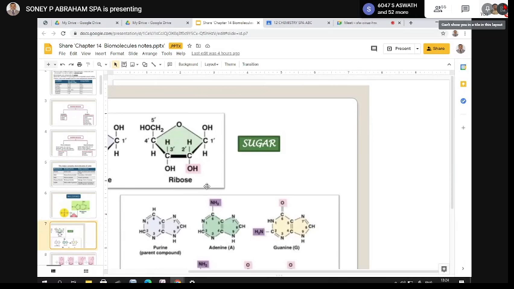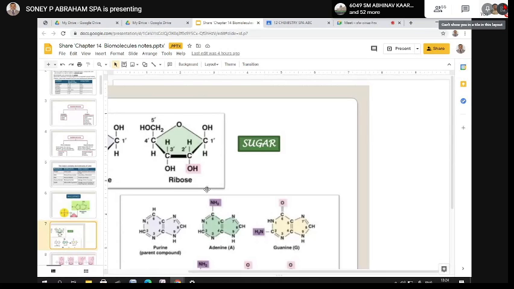Now, a base will be attached to the sugar at the 1 prime position. That means at this carbon, instead of this OH group, you will have the base. Instead of the OH group, you will have the presence of a base.